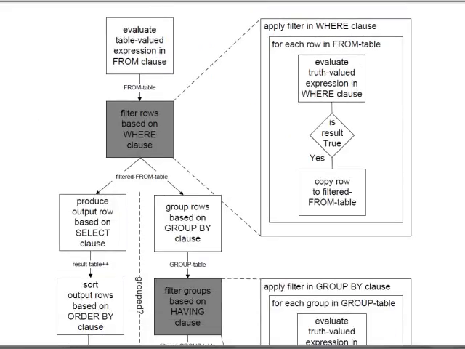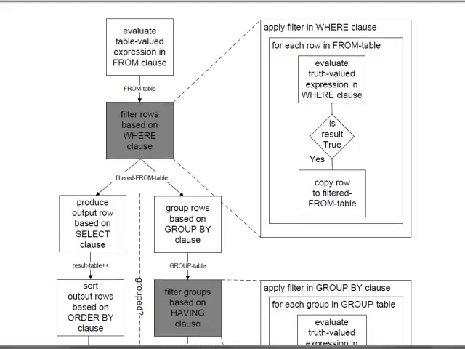So here's our final procedural model. Let's have a look at it. We start on the from clause. Evaluate the table in the from clause. Then we apply a filter. If the query has a where clause, we apply the where clause filter to filter those rows.